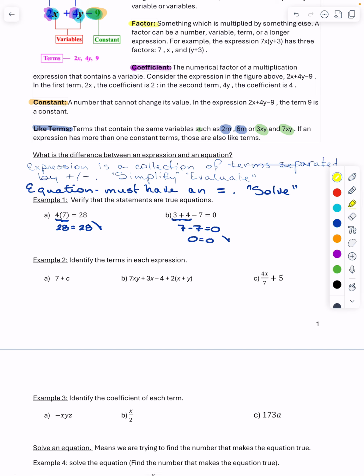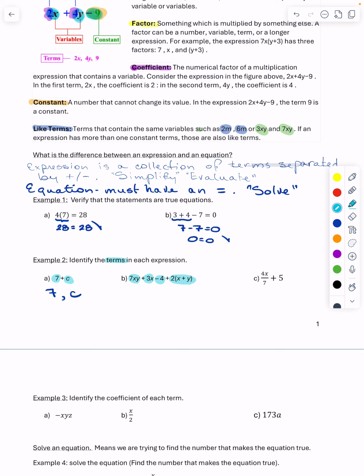Example 2 wants us to identify the terms. Again, anything separated by a plus or a minus. So here our terms are the 7 and the C. In B, we have the 7xy, we have the 3x, minus 4, and this piece right here is all considered a single term. I am multiplying a coefficient by some variable.